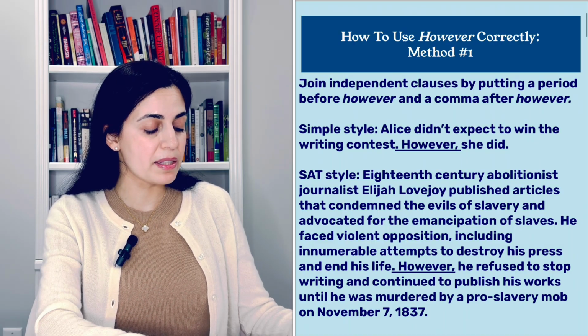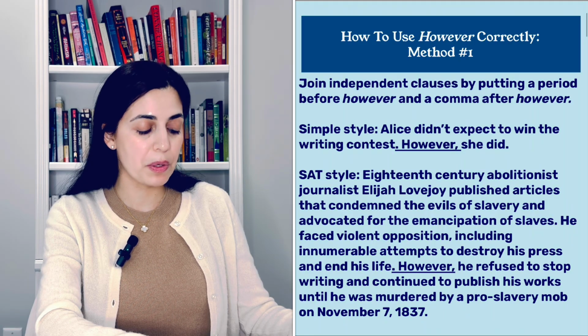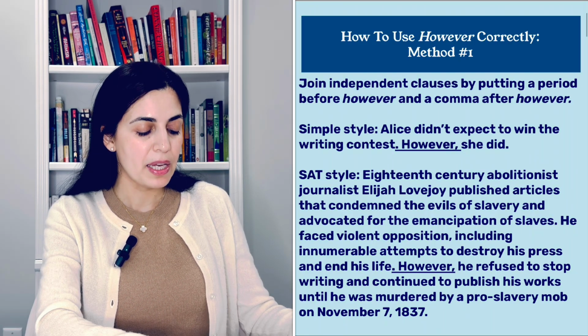He faced violent opposition, including innumerable attempts to destroy his press and end his life, period. However, comma, he refused to stop writing and continued to publish his works until he was murdered by a pro-slavery mob on November 7th, 1837.